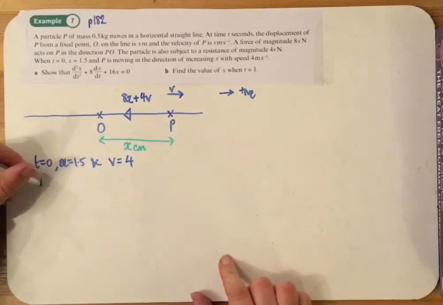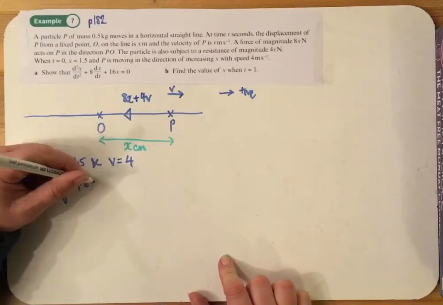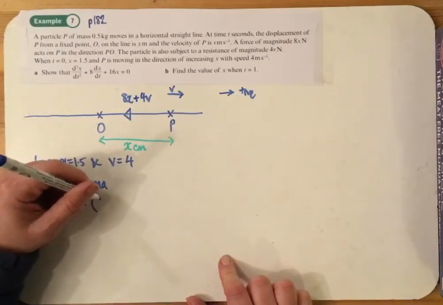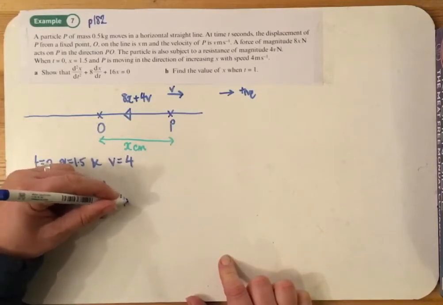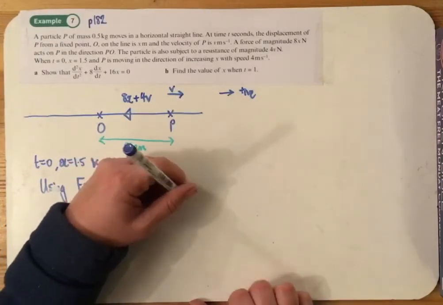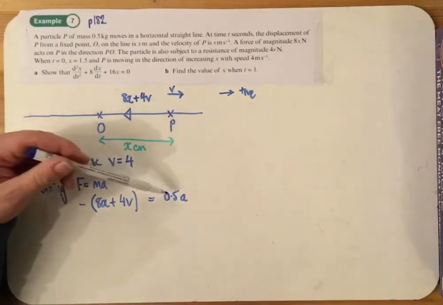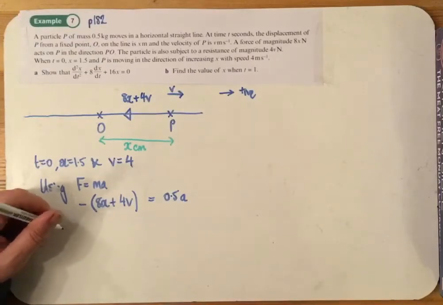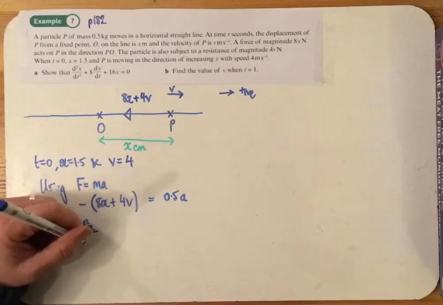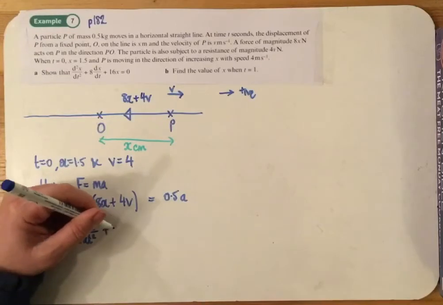So these are essentially F equals ma questions. So acting in the negative direction, I've got 8x plus 4v, and that is equal to the mass times the acceleration. The acceleration is the second derivative. And then I want to add all of this on.